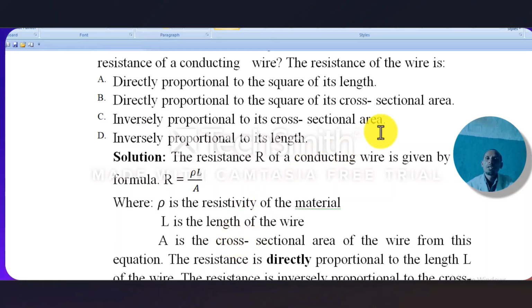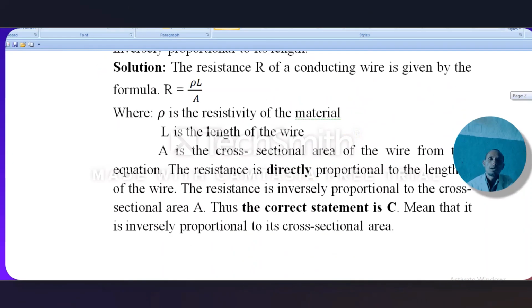From this equation, the resistance is directly proportional to the length of the wire. The resistance is inversely proportional to the cross-sectional area. Thus, the correct statement is C, that it is inversely proportional to the cross-sectional area.